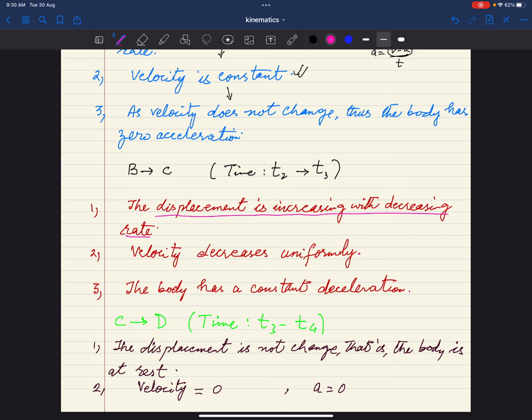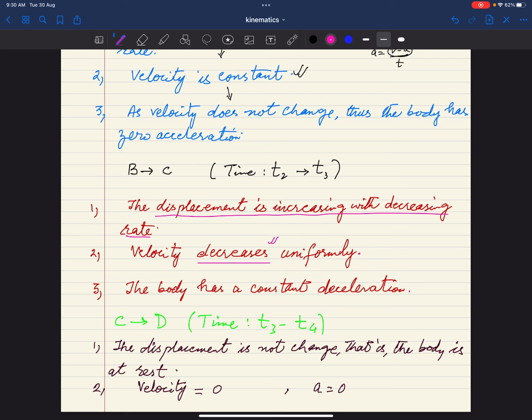Remember one thing, that the negative velocity which you are showing sometimes will give you the concept of decrease in velocity, and negative velocity will sometimes give you the direction concept. Velocity is negative means the decrease in velocity, or you can say negative velocity means sometimes the direction change.